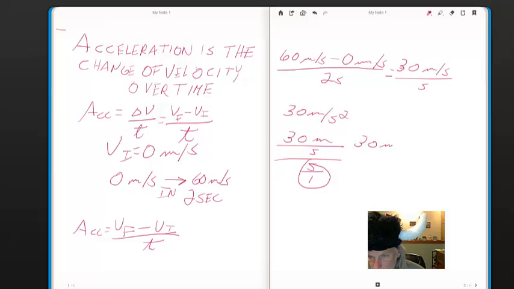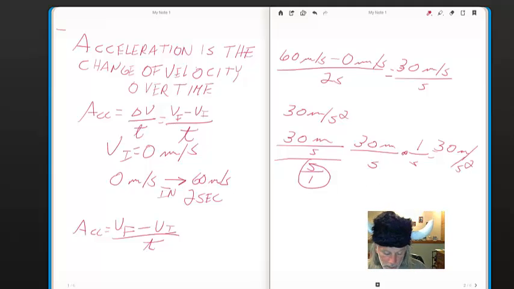So it's 30 meters per second times 1 over a second, and that ends up being 30 meters per second squared. So if you see that, that's what it's really saying.